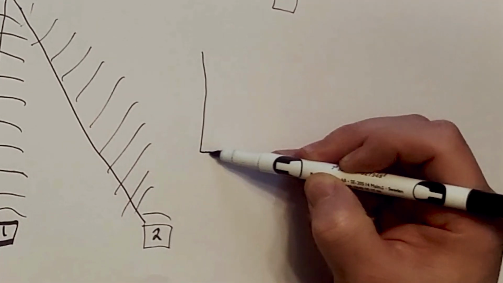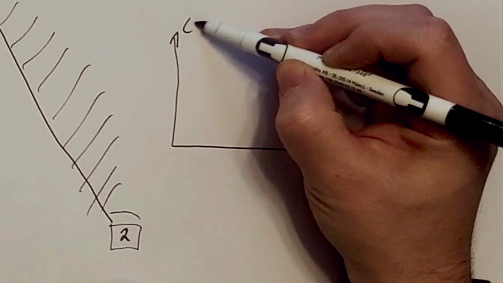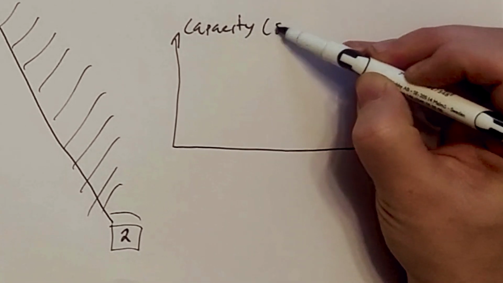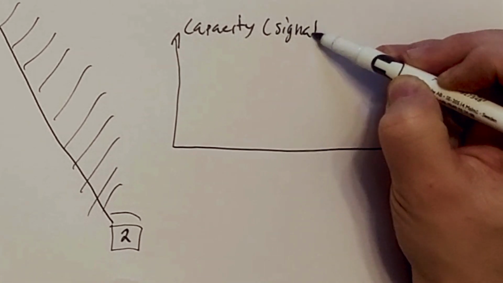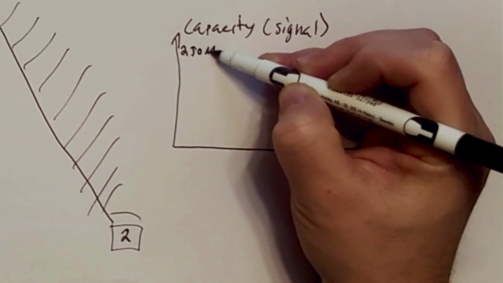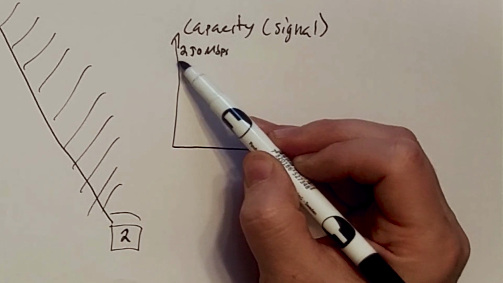So what we will see, if you imagine something like this, where you have capacity, is really a function of the signal on the y-axis. Let's say that at best you're going to see 250 megabits per second.